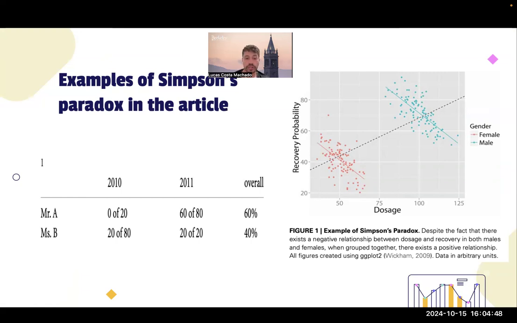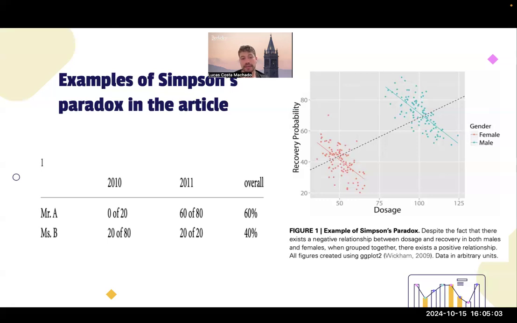So if you look at the aggregated data, we see that person A has 60% of approval, while person B has only 40%. And we could conclude that person A is more qualified than person B.